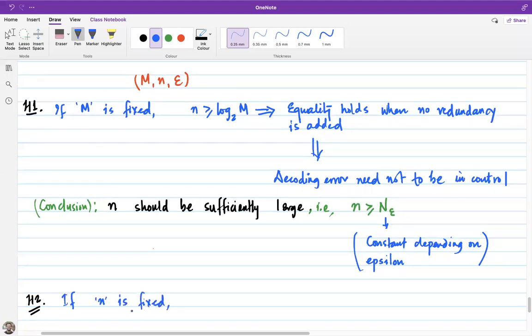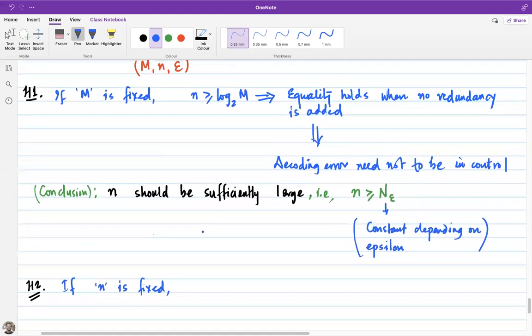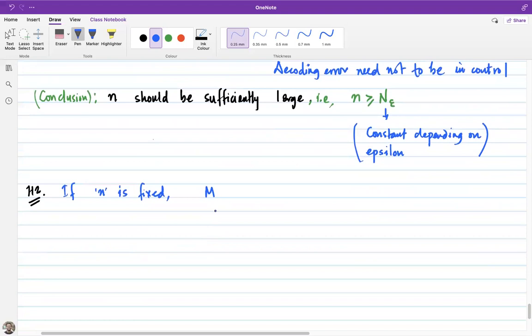that is, you have already fixed the number of outputs, the length of the output after the encoding operation. If you have fixed that, then what can you say about the number of messages that you can transmit?